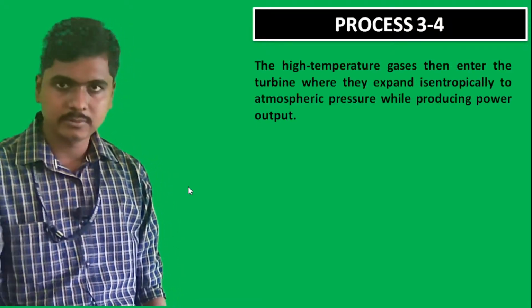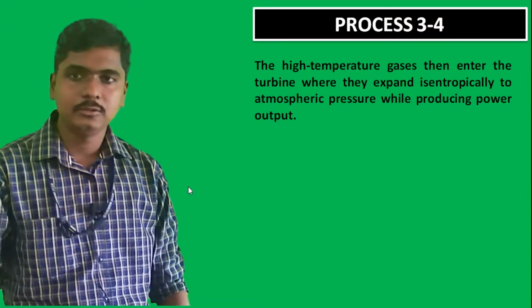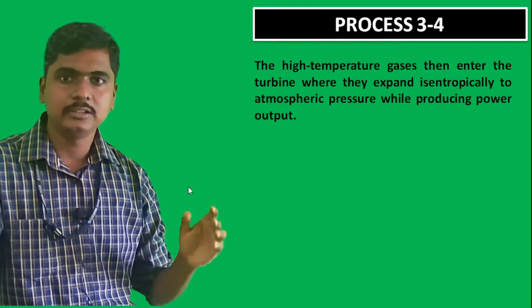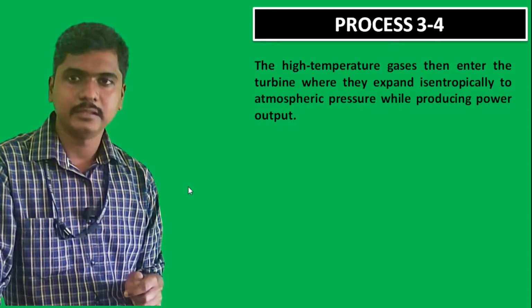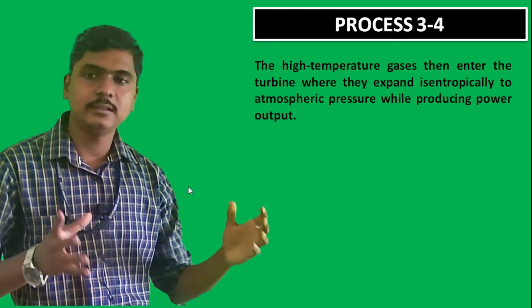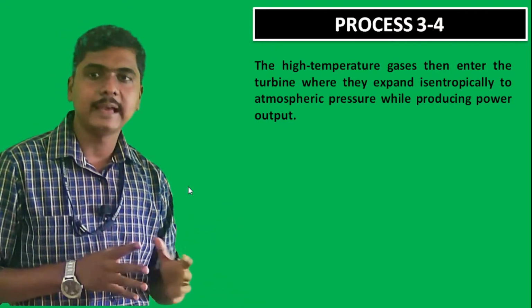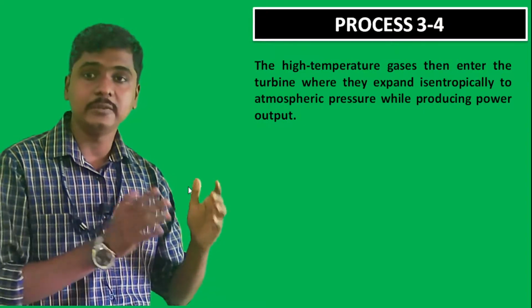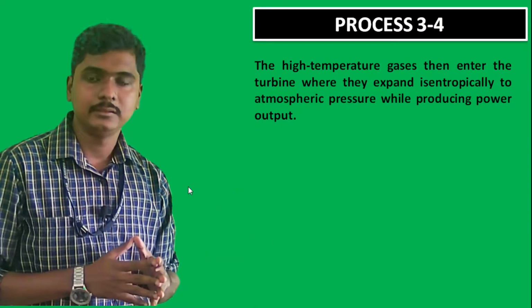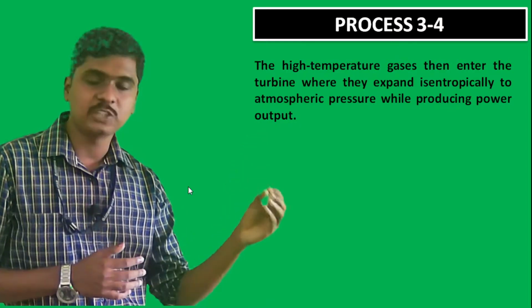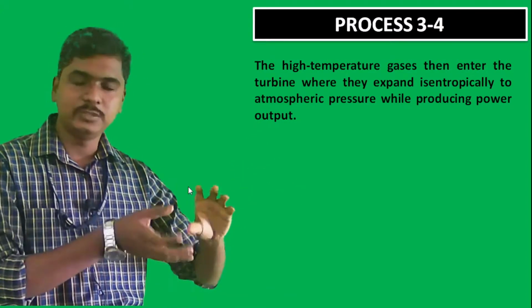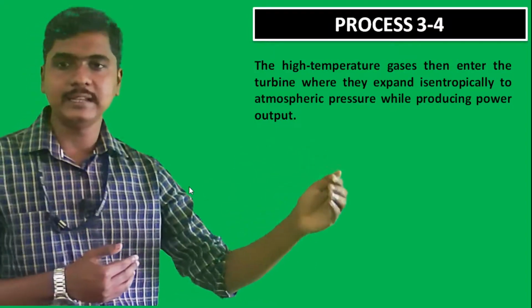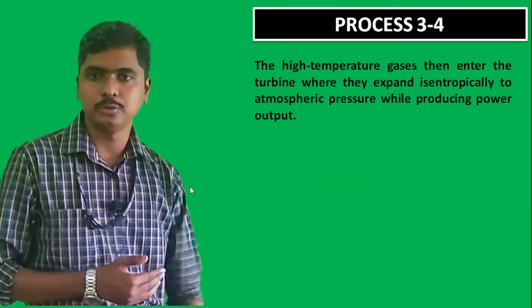That's what we have mentioned here. After the combustion chamber, the high temperature gases enter the turbine, and inside the turbine, expansion of the gases takes place isentropically or reversible adiabatically. The gas expands to atmospheric pressure, and in this process we get mechanical work output.